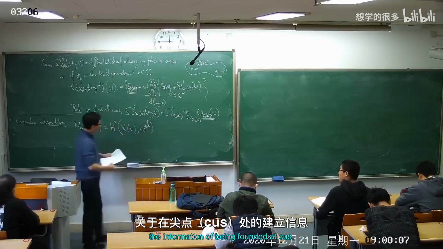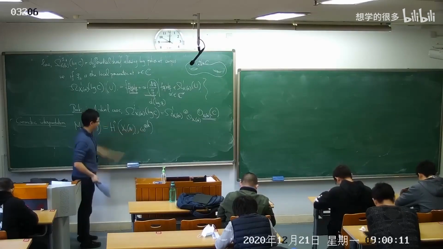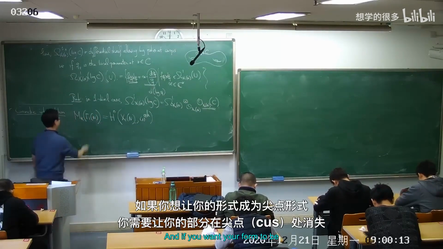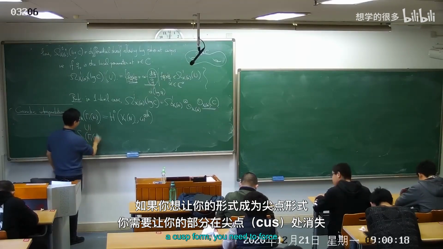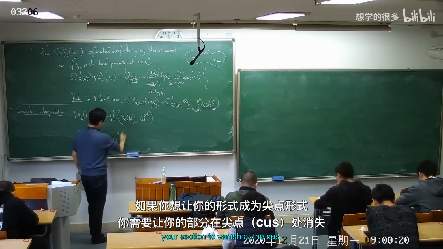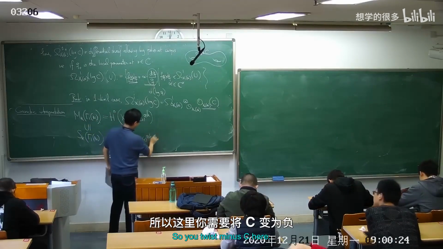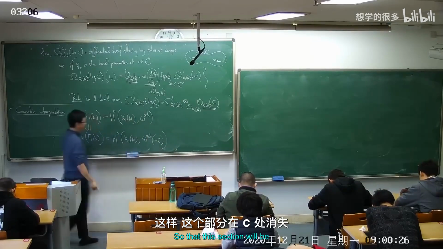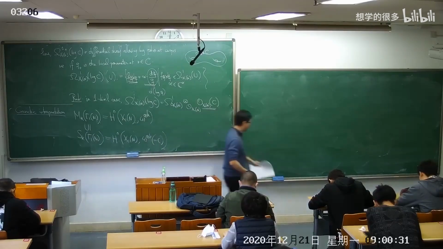So this will include the information of being bounded at cusps. And if you want your form to be a cusp form, you need to force your section to vanish at the cusps. So you twist by minus C here, so that this section will be a section over here which vanishes at C.